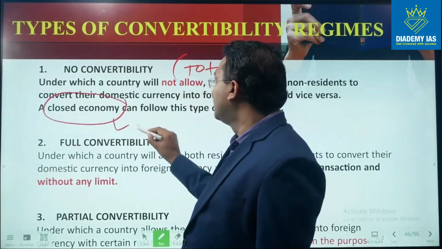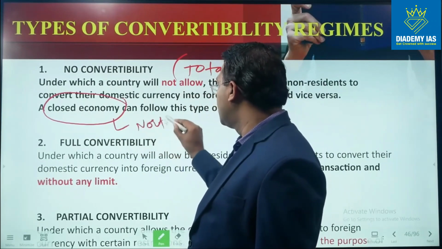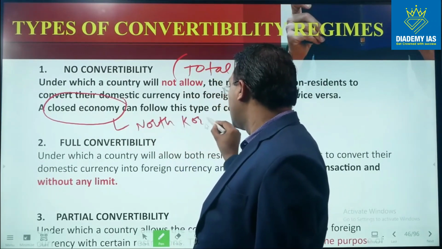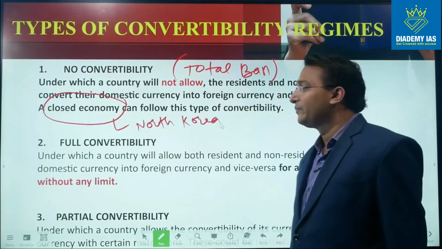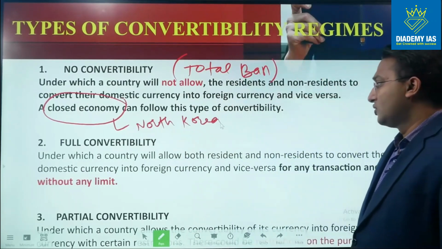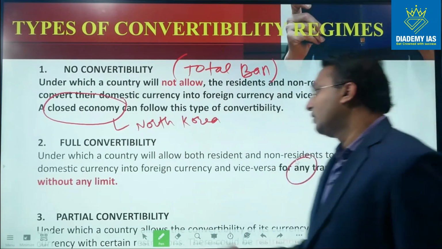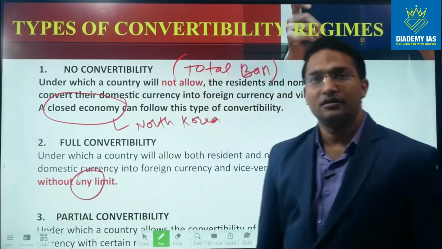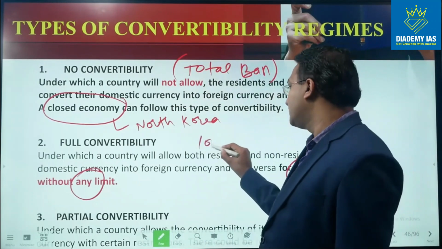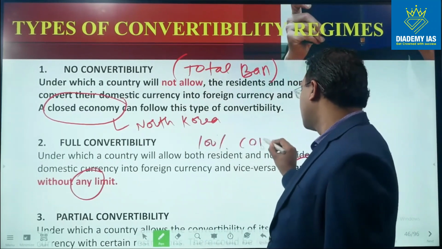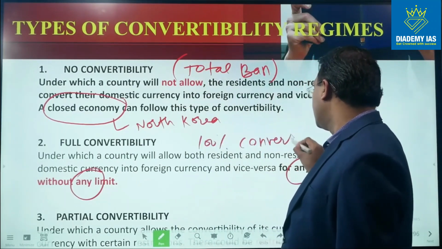Second, full convertibility. If there is no restriction at all for any transaction and without any limit, then it is a 100% convertibility regime.